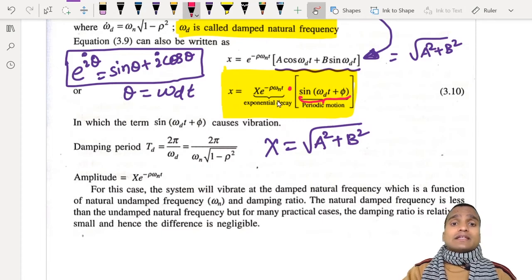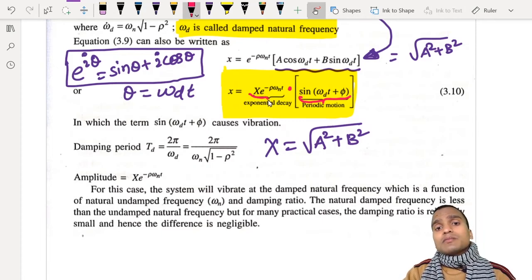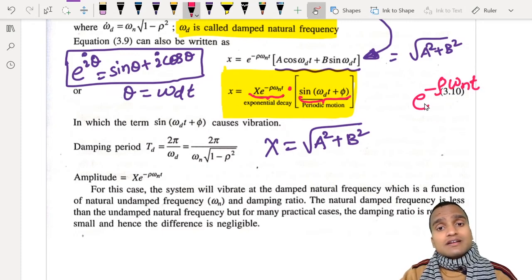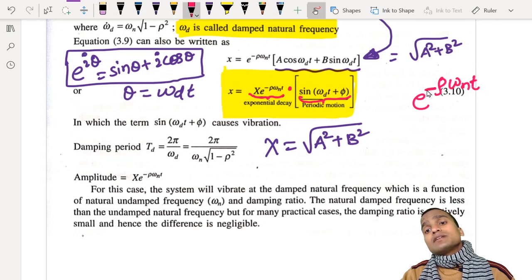But since another term is multiplied here, it is an exponential decay term, in terms of e to the power minus rho omega n t. It has a minus sign, so it will be a decaying exponential term.